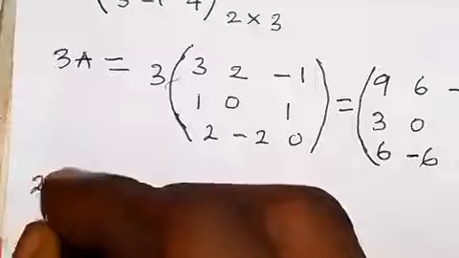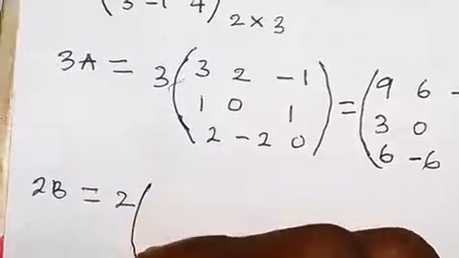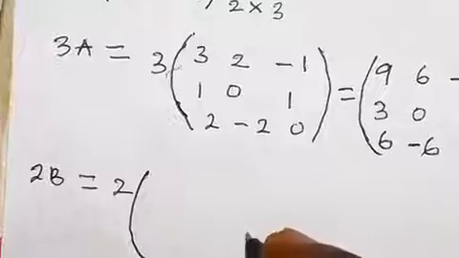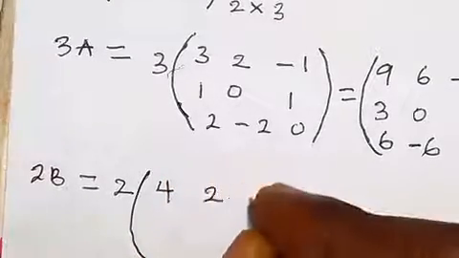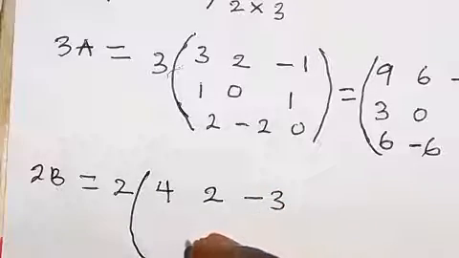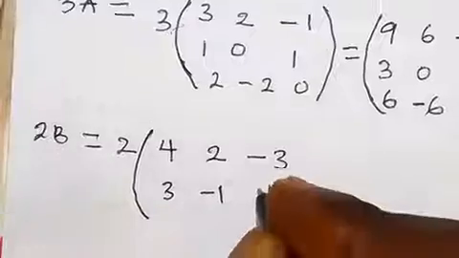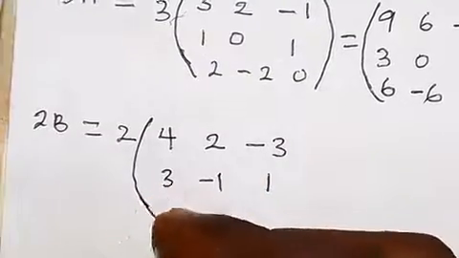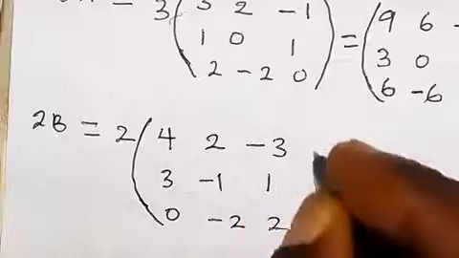We have 2B equals 2 times the matrix B, which is 4, 2, minus 3, 3, minus 1, 1, then we have 0, minus 2, 2.